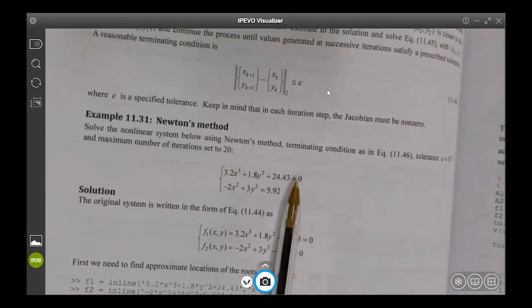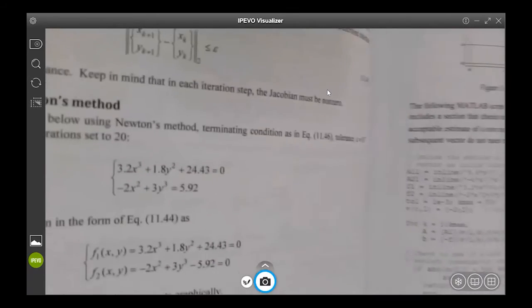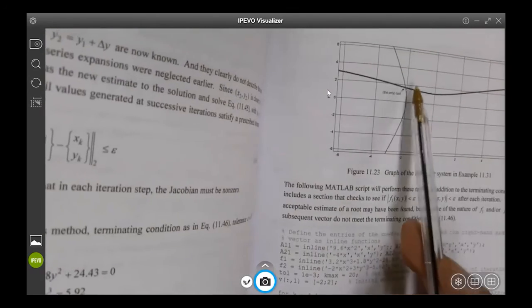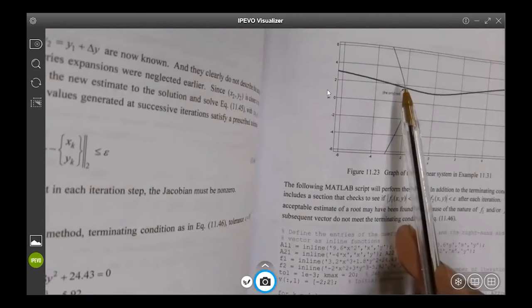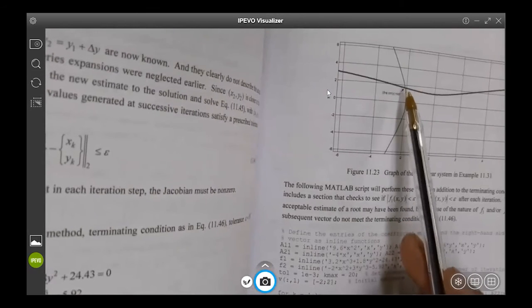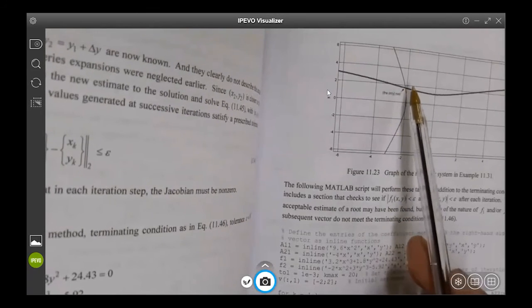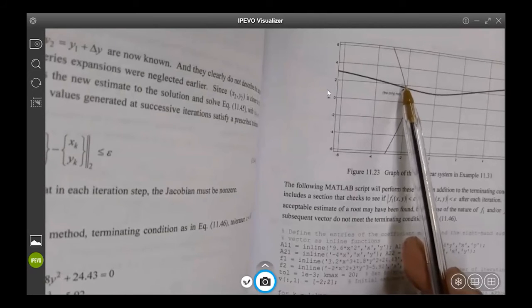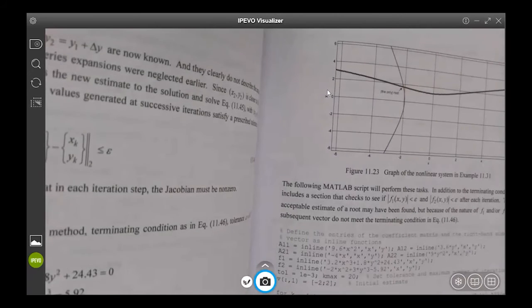You are plotting the curves and trying to find the intersection of these two functions, and that is your actual root. When you are solving the system of equations simultaneously, you are trying to find a point which is satisfied by both functions, where both f1 equals 0 and f2 equals 0. Does that make sense?